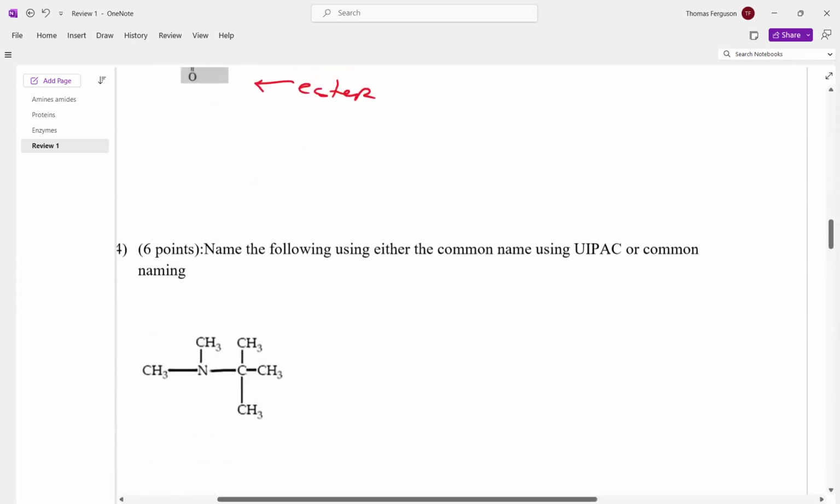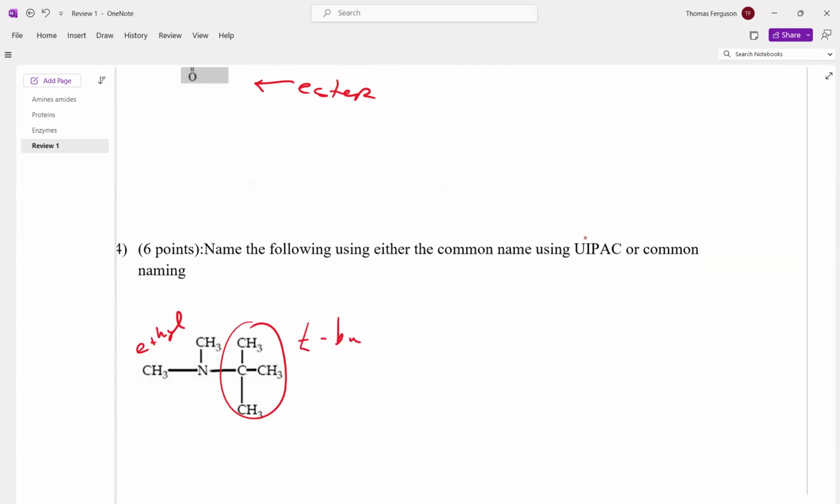Okay, so name this guy. Remember, there are two ways to name an amine. We have an ethyl group here, and we have a T-butyl group here. One way to name it would be T-butyl ethylamine.